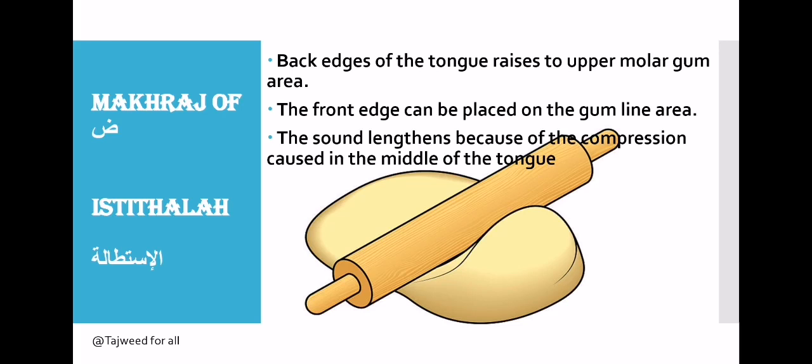Otherwise the sound of the letter Bod will not be proper. And this istitala will allow the Bod to become rakhawa. Okay, the letter Bod now rules out all the basic principles of the letter rakhawa. What I taught you until now is, if there is a gap between the makhraj articulating parts, the letter will be rakhawa.